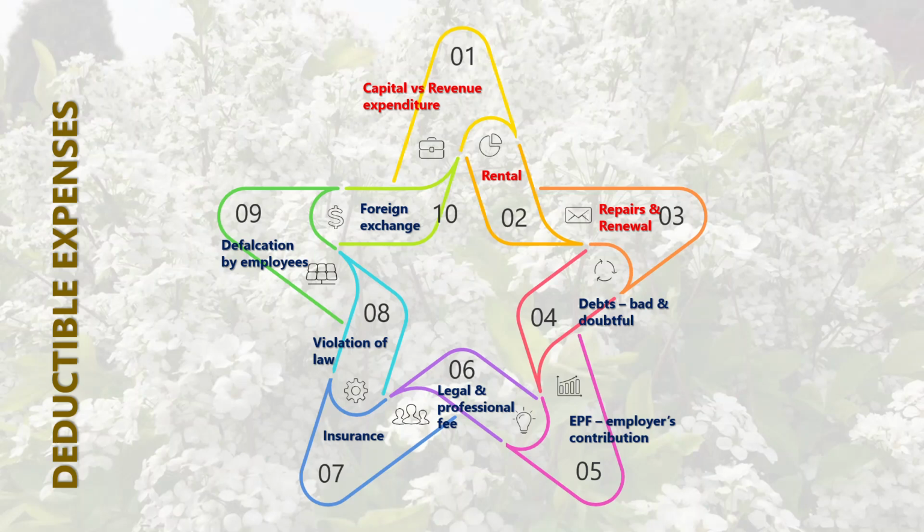Of course, stock is bought for you to sell, therefore most of the time stock will come in many times. So there is a circulating, like working capital. You buy, you sell, you get money, and then you buy again. So there is a circulation of capital. In that case, that expenditure will be treated as a revenue expenditure.